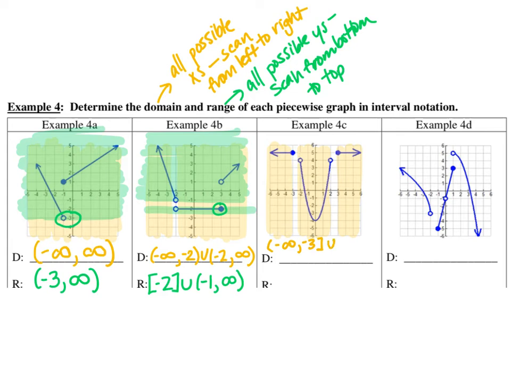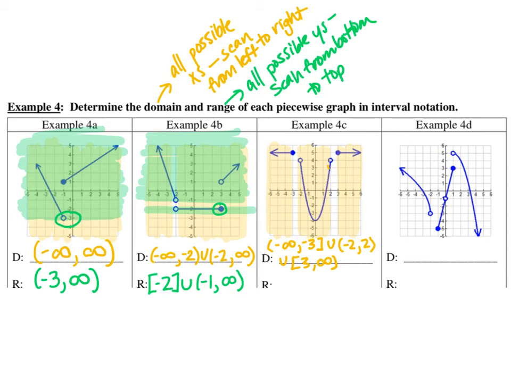And then we have -2, that's an open dot, so we have a parenthesis, to +2, another parenthesis because of the open dot, and join that with a union. And then the last section would be a bracket at the closed dot on 3 to +infinity.